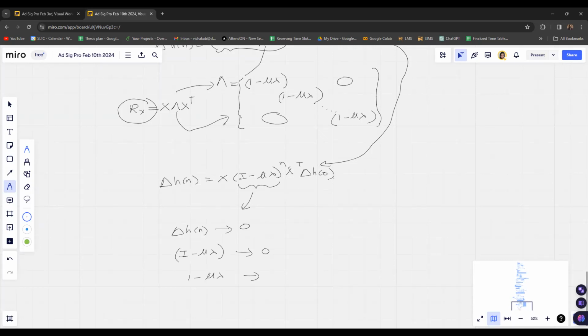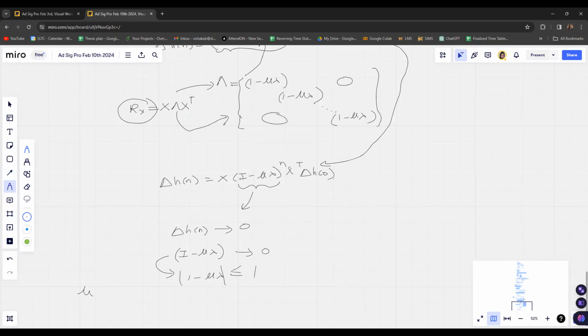It should be made to go to 0. However, it should be made as small as possible. So in order for us to get a value for mu, we are going to consider that this 1 minus mu lambda value should be a very small value, which is between 1 and minus 1. The reason for this is that we have to get a value for mu as well.